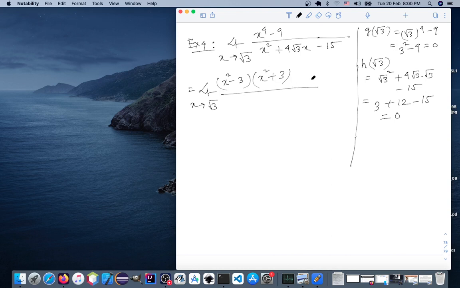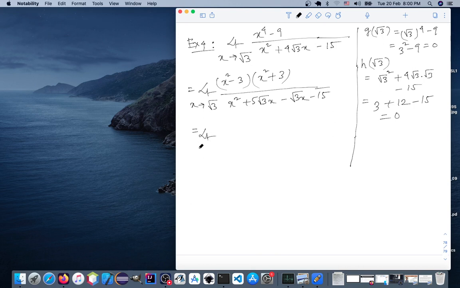From here, by middle term splitting, we can factorize this as x square plus 5 root 3 x minus root 3 x minus 15.